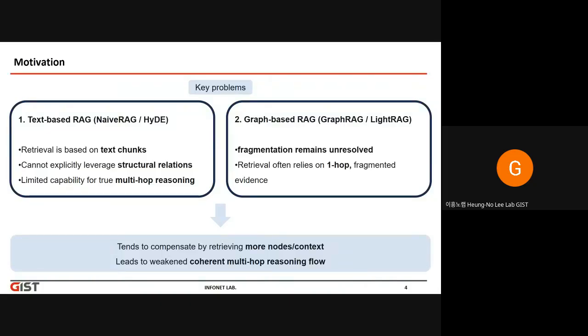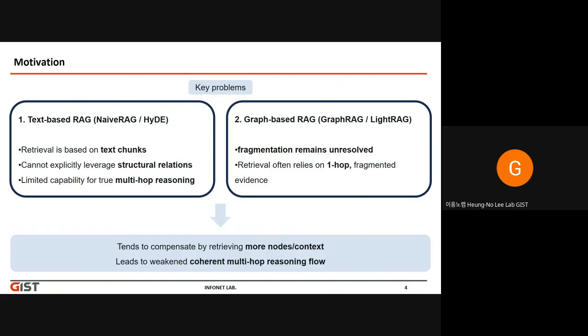Introduction. This paper framed the limitations of existing RAG systems into two major categories. First, text-based RAG has inherent constraints. Retrieval is performed over independent text chunks, which makes it difficult to explicitly leverage structural relationships.